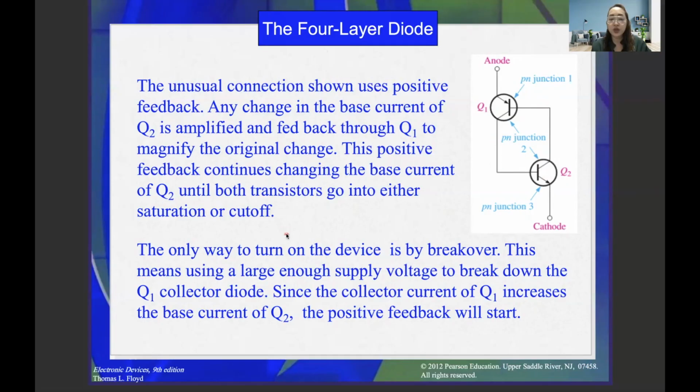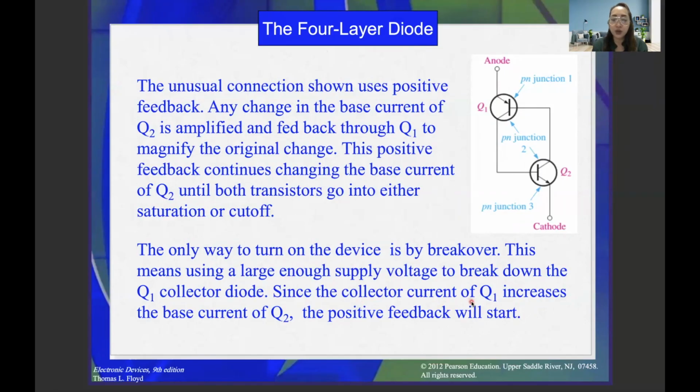The only way to turn on the device is by the breakover voltage. This means using a large enough supply voltage to break down Q1, or the collector diode, since the collector current of Q1 increases the base current of Q2.